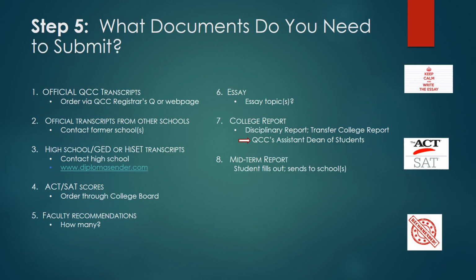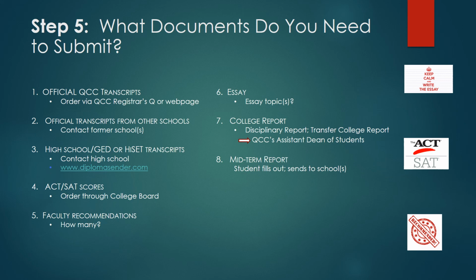Step 5. What documents do you need to submit with the application? The documents you might need to submit can include the following. 1. Official QCC transcripts. You will order those via the QCC Registrar's queue or web page. 2. Official transcripts from other schools if you attended a university or college other than QCC.